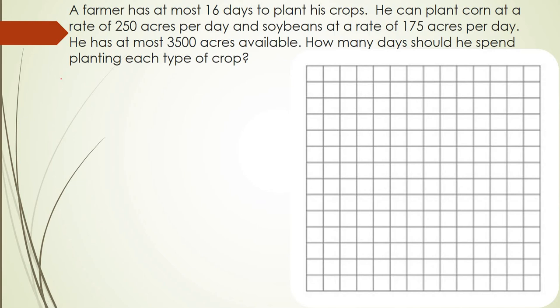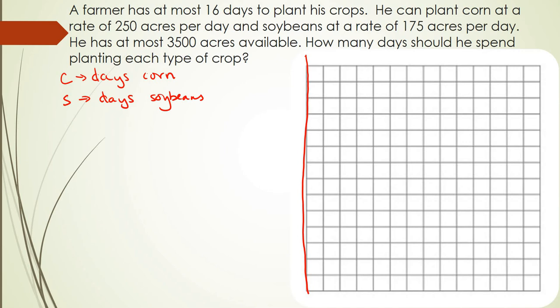So I need a variable for the days spent with corn and a variable for the days spent on soybeans. So one of my axes is going to be for corn, and one of my axes is going to be for soybeans.